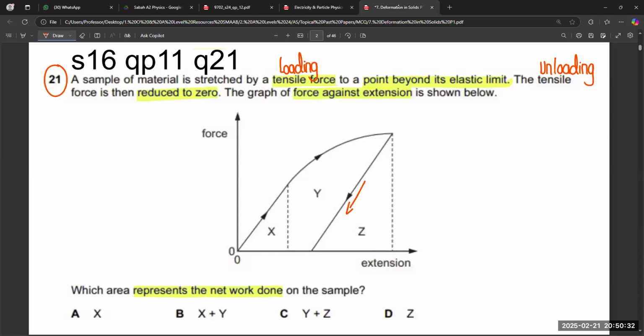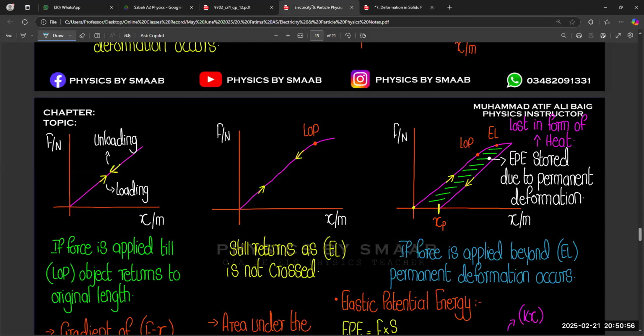And in the other options, we have option Z only, or X only, or XY, or YZ. There are these options available. So basically, we know if we apply force within the limit of proportionality, we get loading and unloading in a straight line, just like in the first graph.